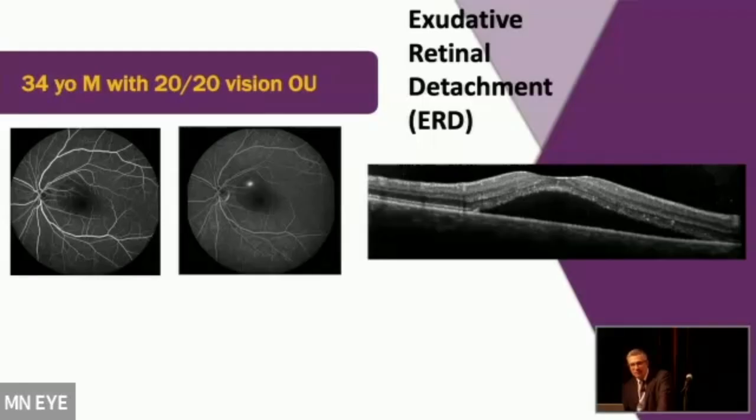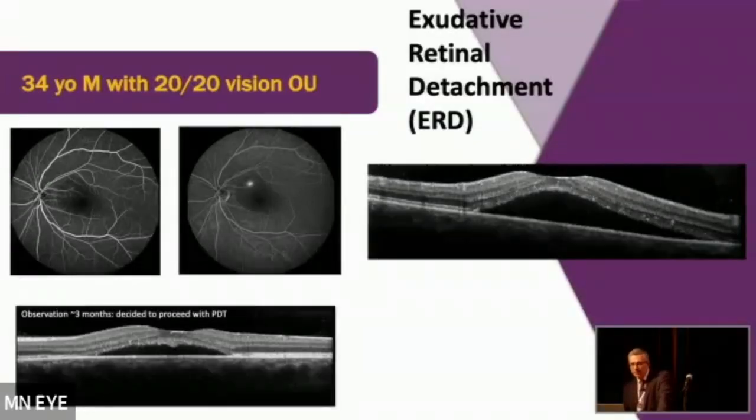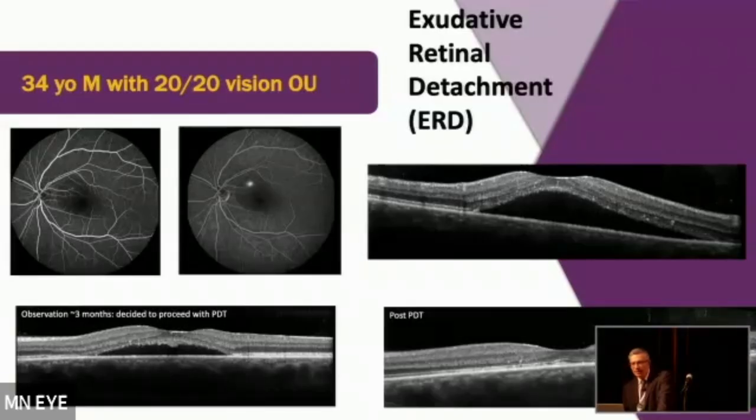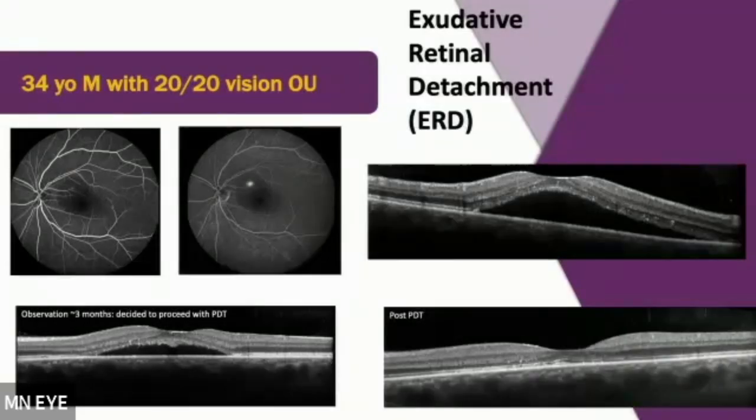So he has a very typical fluorescein angiography feature of expansile dot. But then I followed him, and really subretinal fluid is not going away. He's very nervous. He's very anxious to get his vision back. And then I did PDT for him, photodynamic therapy, and vision improved. Vision was 20/20, it still stayed 20/20, but better quality, he is happy.